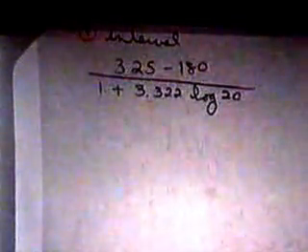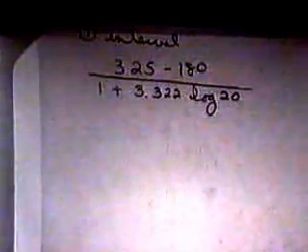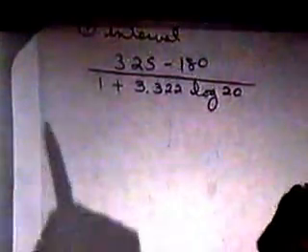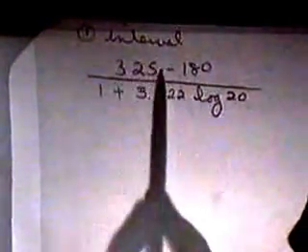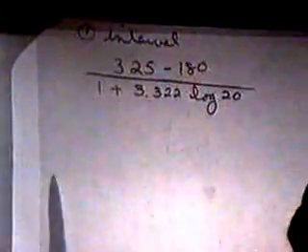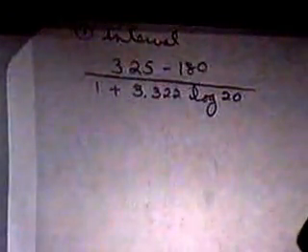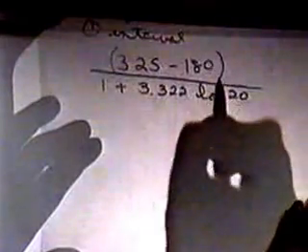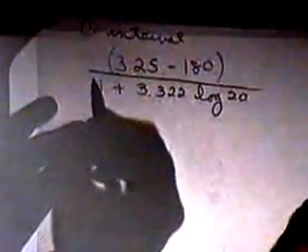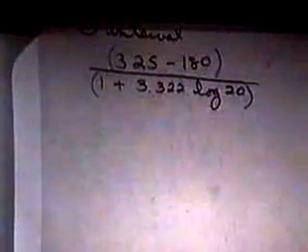Now, when you write down a formula like this, you might want to put in the parentheses to tell you how to punch it in. If you punch it in just like you said, 325 minus 180 divided by 1, your calculator will divide by 1 and then do the subtraction. So you must tell it what you want it to do. You want it to do this subtraction, add all of these numbers up, then divide.